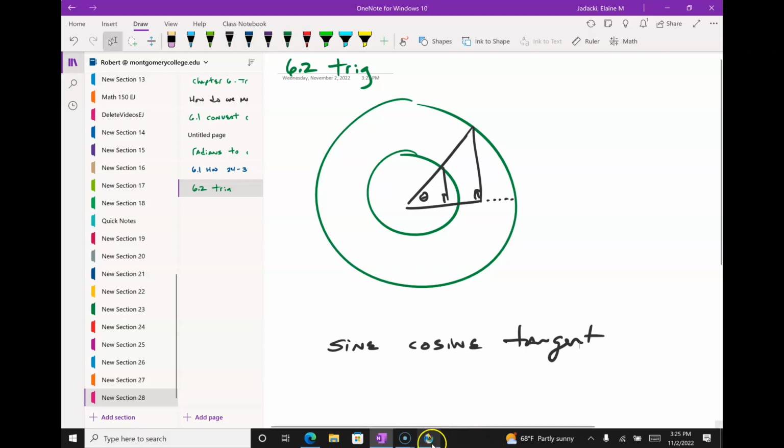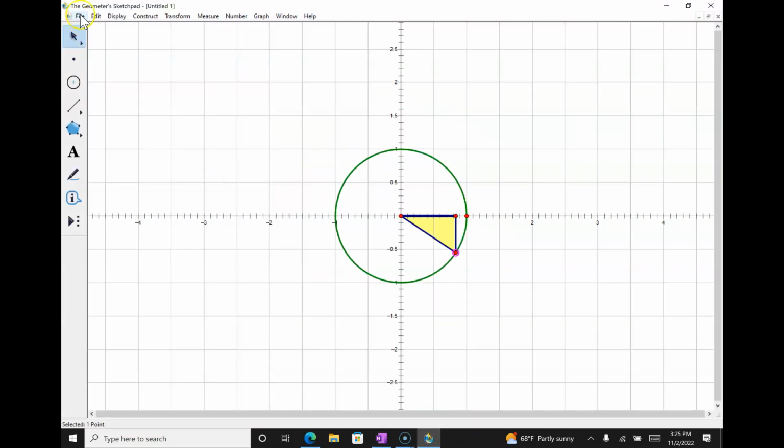So I'm on Sketchpad again. I'm going to extend my base, I'm going to extend my hypotenuse, and I'm going to pick some new hypotenuse here and create a perpendicular down to here.